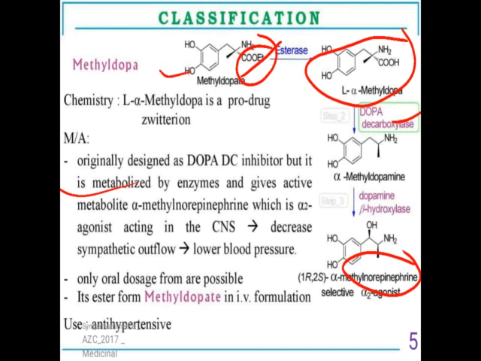Originally it is designed as a dopa decarboxylase inhibitor, but it is metabolized by the enzyme and gives the active metabolite, alpha-methylnorepinephrine. As it consists of a CH3 group, it becomes more selective for the alpha 2 receptor. So it is used as an antihypertensive agent.